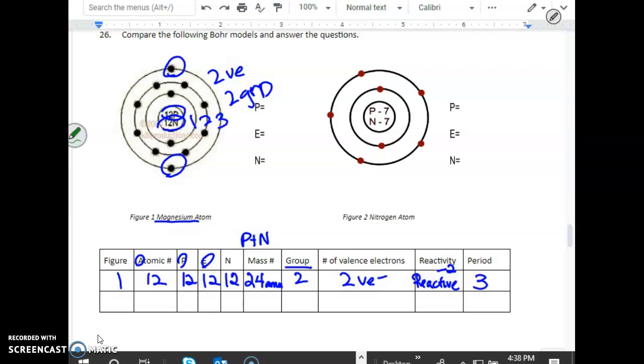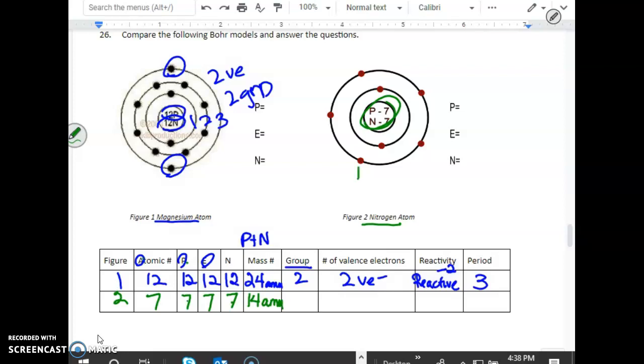And then the next one, figure 2, tells me that I'm nitrogen, which is number 7 on the periodic table. That means I've got 7 protons, also 7 neutrons, which I can see in here. And that also means that I have 7 electrons. My mass is protons plus neutrons, so 7 plus 7 is 14 AMU.